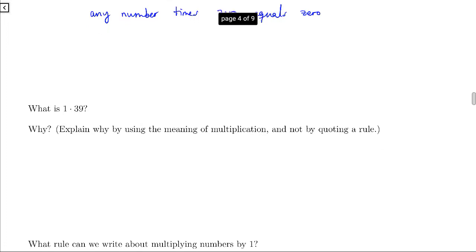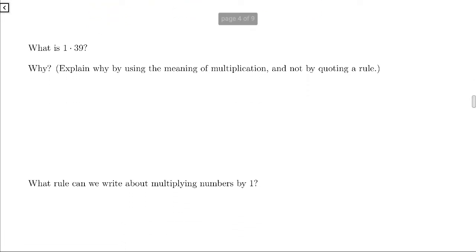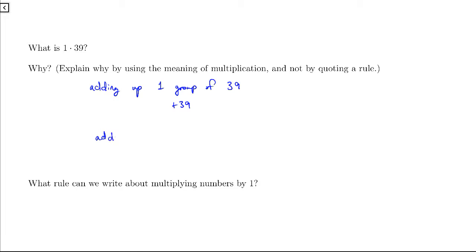Okay, 1 times 39. Again, we could think of this as adding up one group of 39, or it's adding up 39 groups of 1.